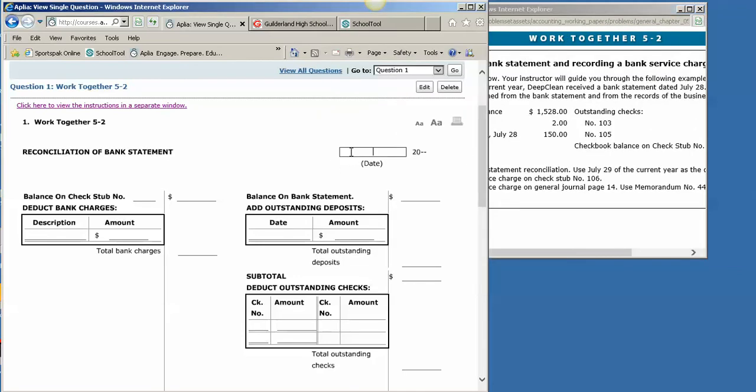The first thing that we will do is put the date of our bank reconciliation. The date will be July 29th. We're going to put our check stub number, which is 106.